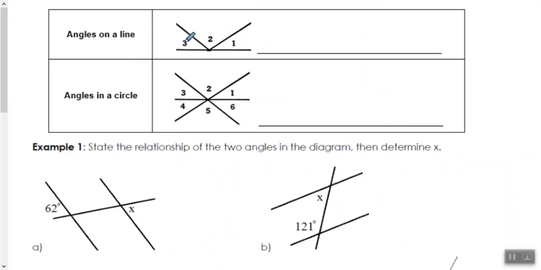Now, I've already been using my angles on a line. If I have 3 angles or 2 angles, or if I cut this into 4 angles, all of those angles together are going to add to give me 180 degrees, which is however many degrees are in a line. If they add to give me 180 degrees, it means they're supplementary.